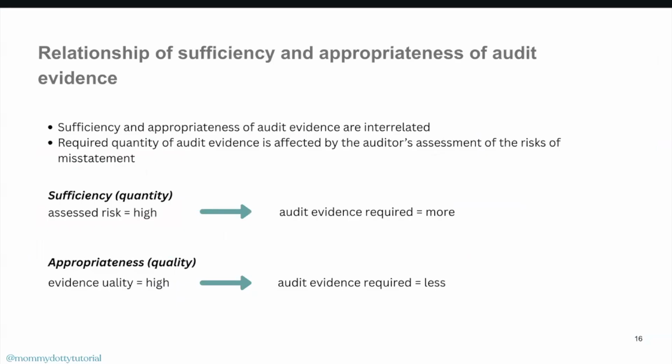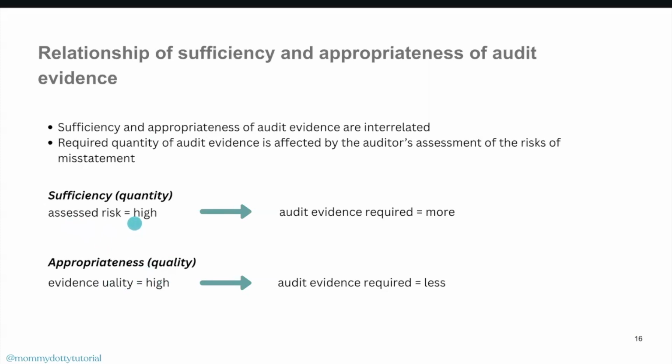The required quantity of audit evidence is affected by the auditor's assessment of the risk of material misstatements. So here, sufficiency is the quantity, and this one is the appropriateness or quality.